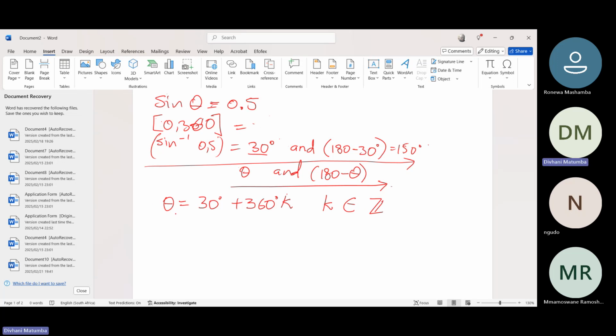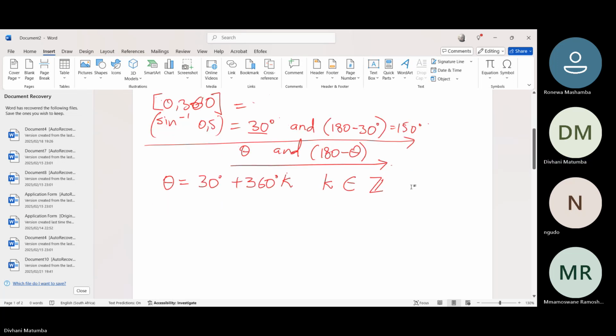However, we have two angles in this case. So the second angle will be 150 degrees plus 360 degrees k, where k is an element of the integers.